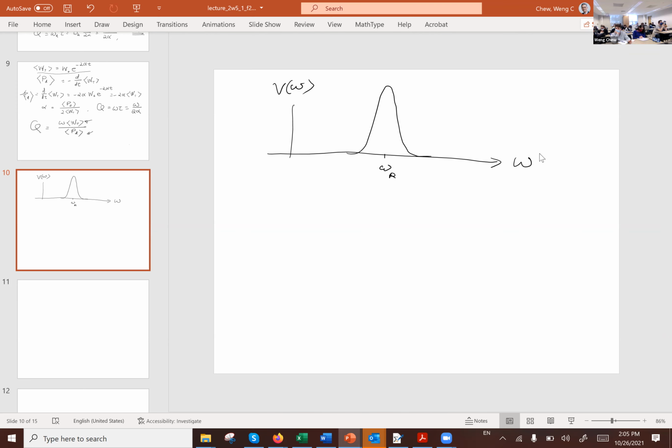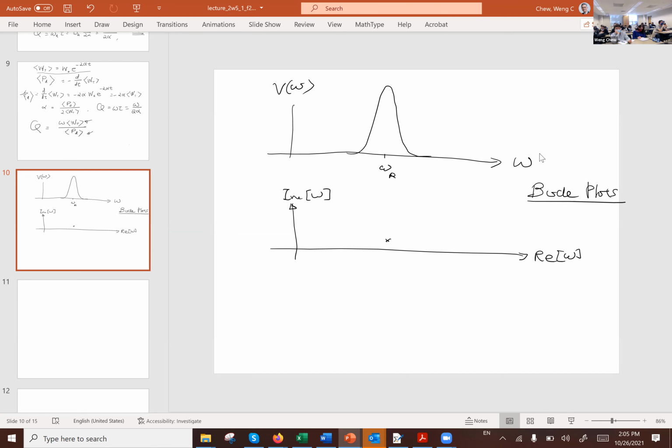The reason why it looks like that is because the pole is not precisely on the real axis. The pole is actually off the real axis, somewhere around here. I think all of you did Bode plots as good electrical engineers. You plot the transfer function of the system when you have a pole, and use clever techniques to figure out what the response function should look like.